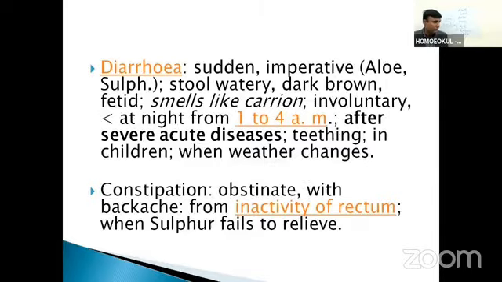Diarrhea: sudden, imperative, like yellow sulfur, stool watery, dark brown, fetid, smells like carrion, involuntary, worse at night from 1 to 4 a.m. Diarrhea at night and 1 to 4 a.m. Psorinum is also a very, very important medicine for morning diarrhea, like sulfur.